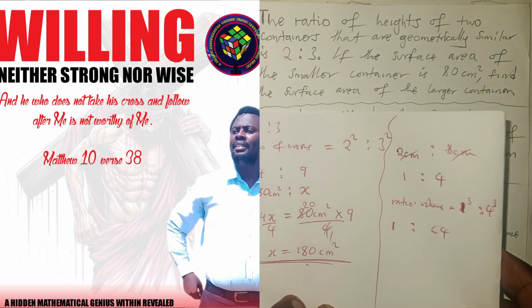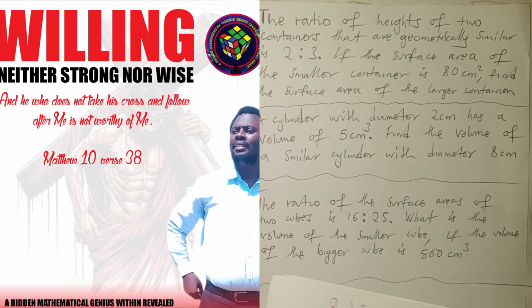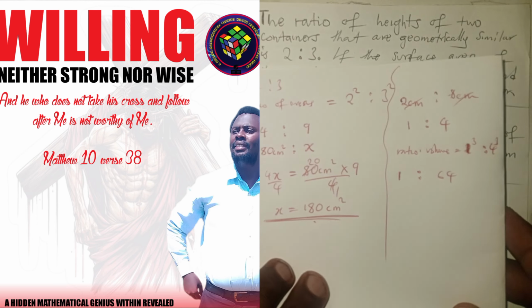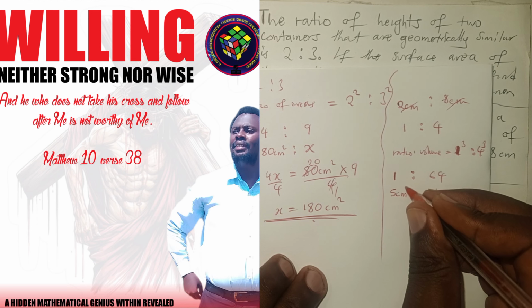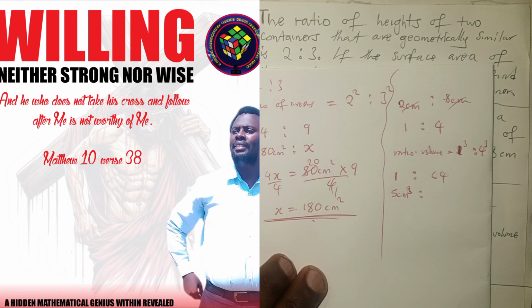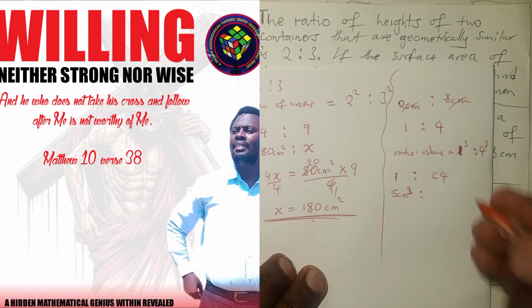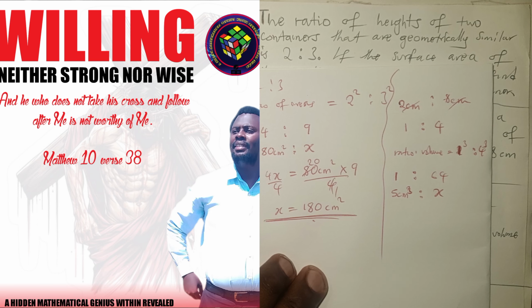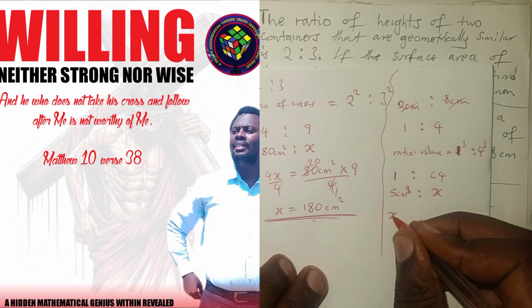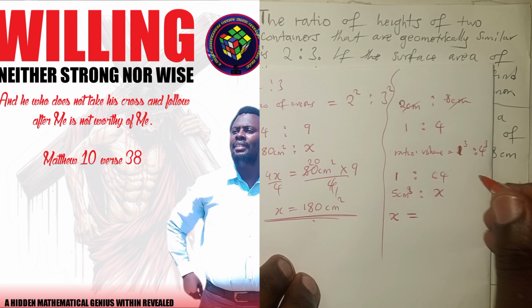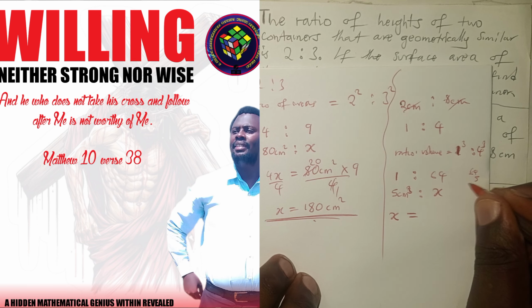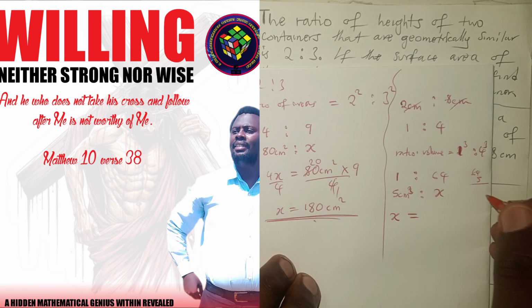Now the smaller volume there is 5 cubic centimeters, so you put 5 cubic centimeters there. Then you're looking for the larger cylinder, so you put x there. Then you cross multiply. So 1 multiplied by x, you get x is equal to, what is 64 multiplied by 5? 5 multiplied by 4, you get 20.